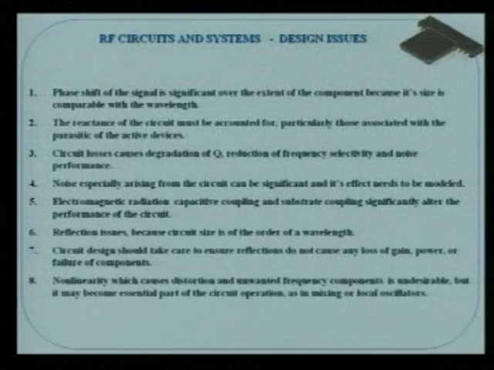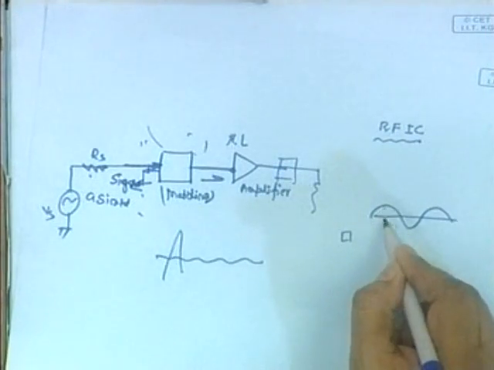I am not going into that, but whatever I have essentially said, this is summarizing that. For example, the phase shift of the signal is significant over the extent of the component because its size is comparable to the wavelength. That is the whole reason why the lumped parameter model fails. When the component size is comparable to the wavelength, you will find ups and downs.